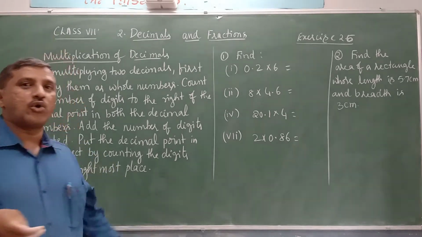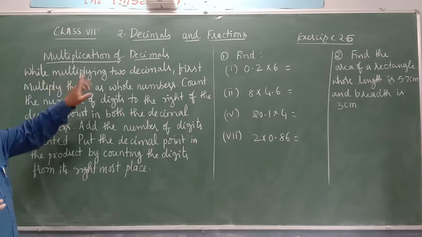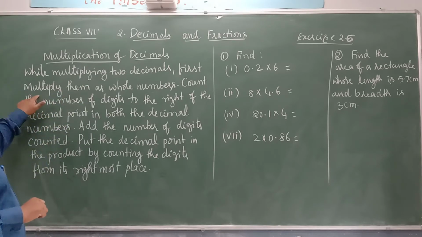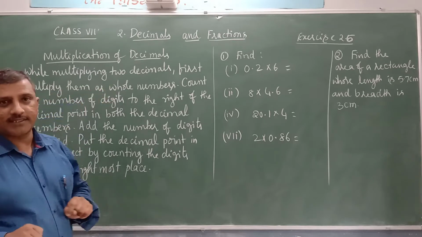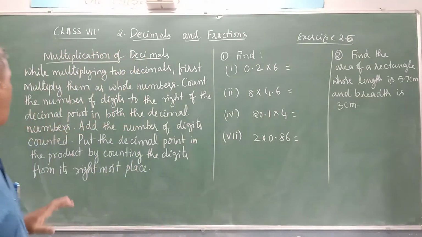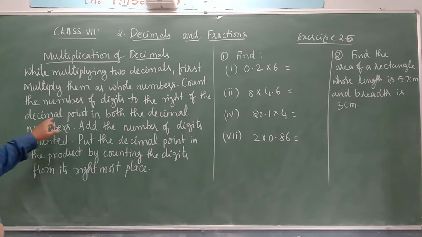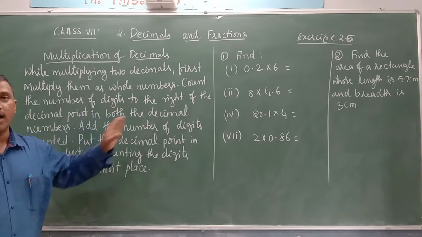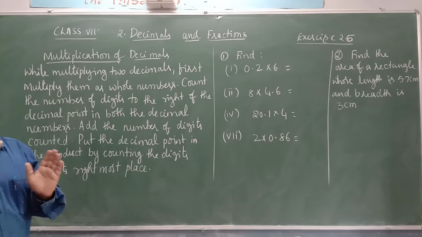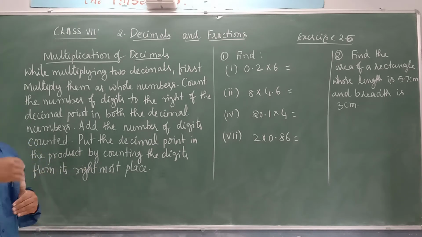Now, how do we multiply? So, what are the steps? While multiplying two decimals, first multiply them as whole numbers, that is, by ignoring the decimal point. Count the number of digits to the right of the decimal point in both the decimal numbers. What are the two decimal numbers? Multiplier and multiplicand.